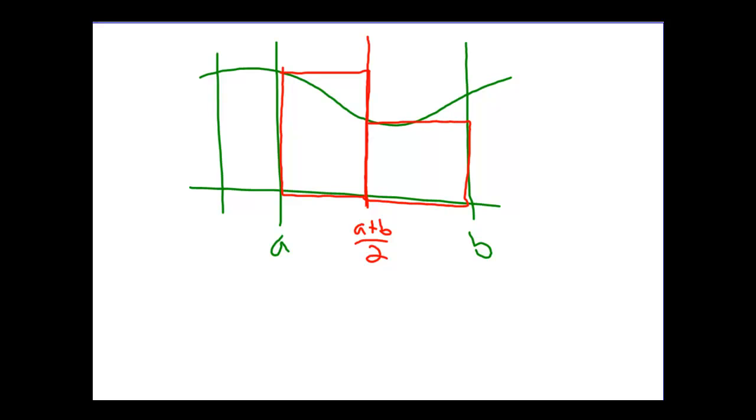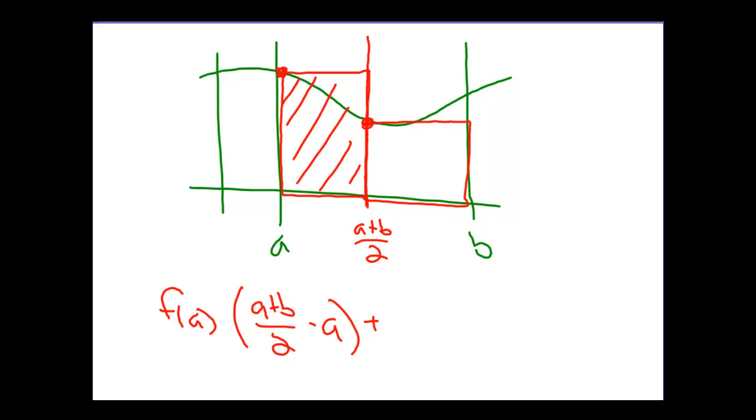These two rectangles are based off of the left endpoint, so the height of our function at the left endpoint tells us the height of our rectangles, and then we simply have to add those together. So we could have f of a times (a plus b)/2 minus a. This is the height times the width. This would be for this first rectangle here.